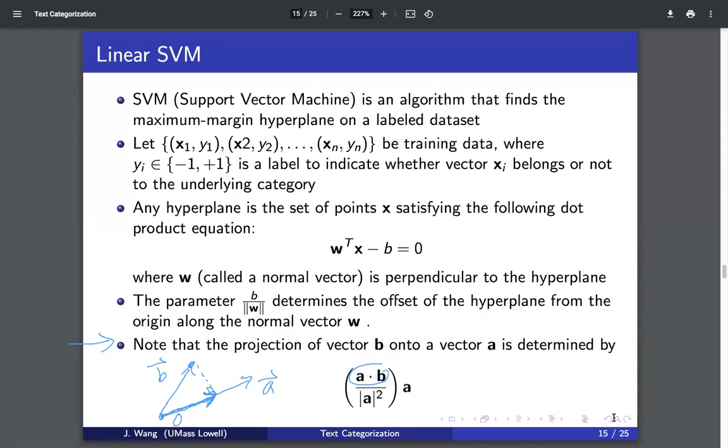This bottom here is a normalization, and then it is along A. So that is how we define a projection, or how you could view a projection using this form.